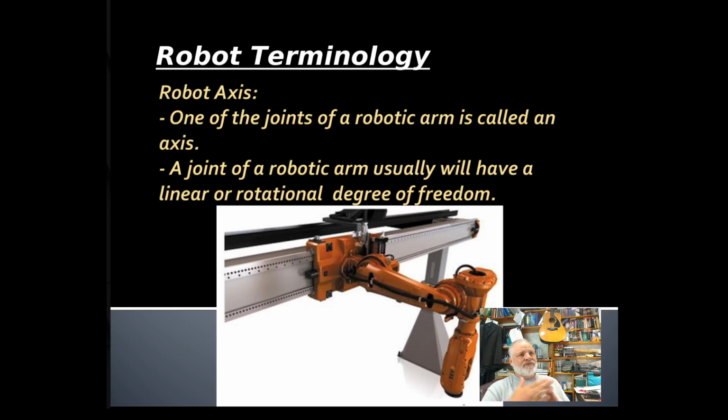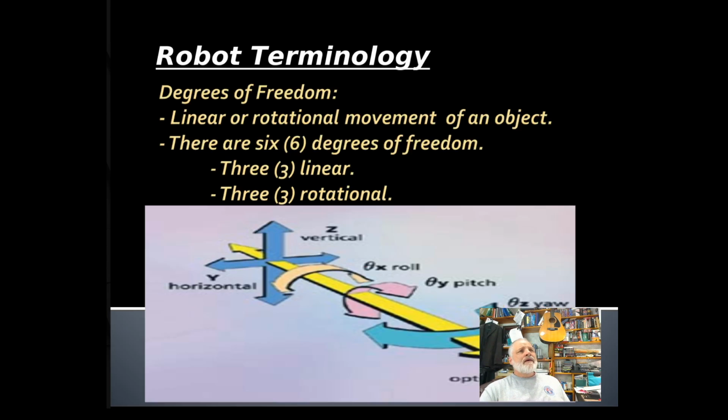It just moves back and forth in a linear fashion, and then the rest of the axes are rotational. Whether your axis of movement is linear or rotational will kind of specify your work envelope. We'll see here in a little bit.